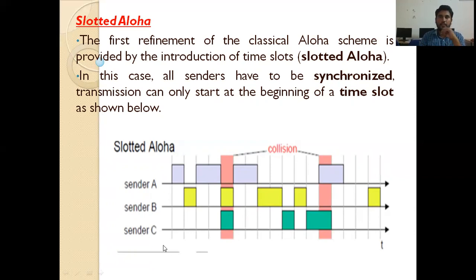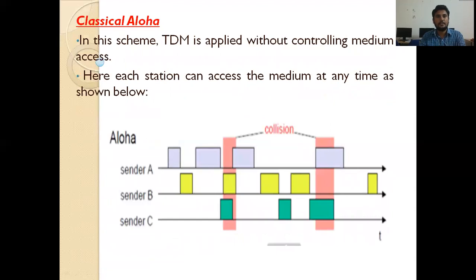So this is one of the refinements taken to overcome the drawbacks of pure Aloha. In pure Aloha, if you observe this diagram, sender A has packets A1, A2, A3, A4. When they start the transmission, there is no exact time period, so it starts randomly.